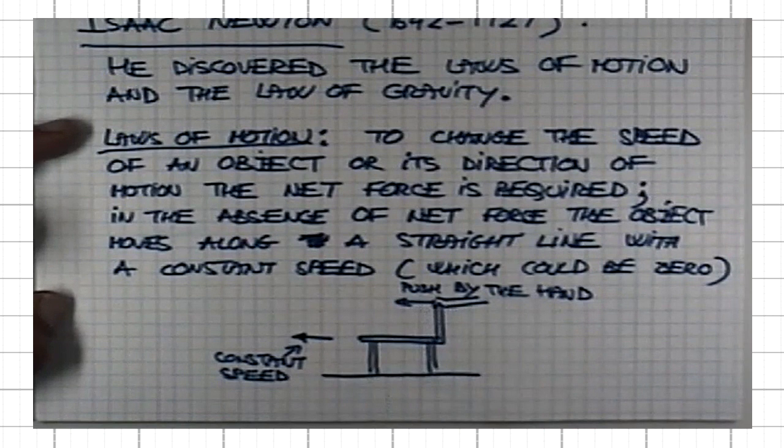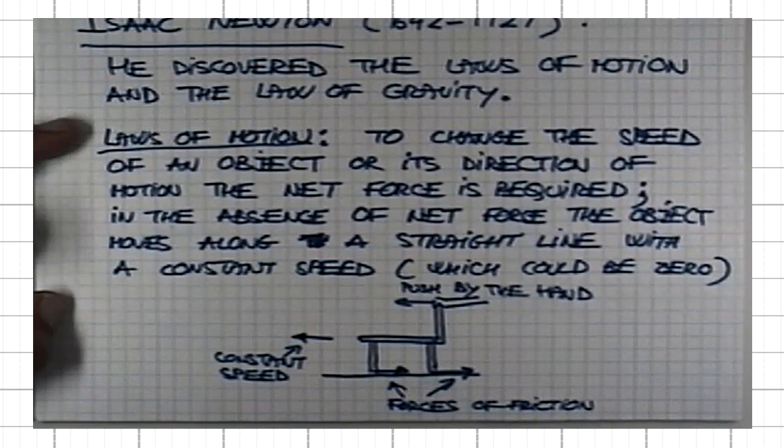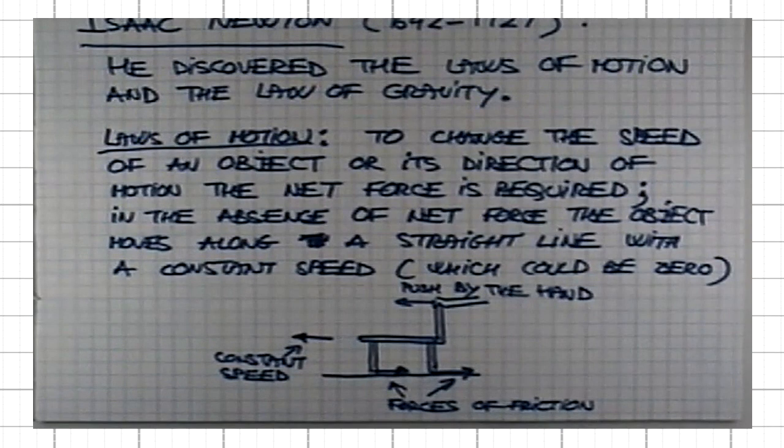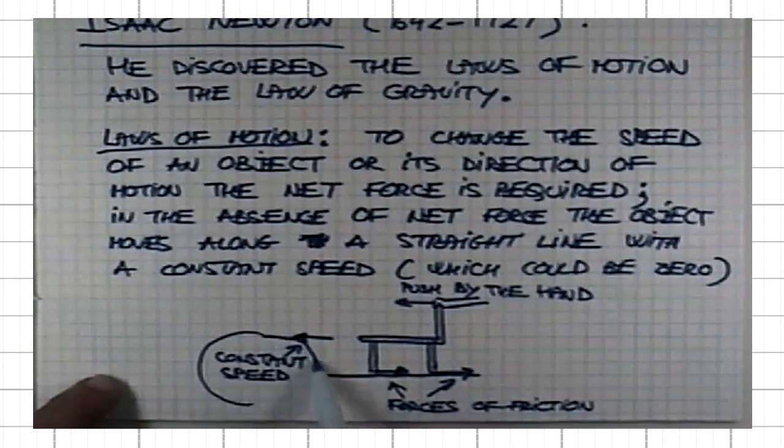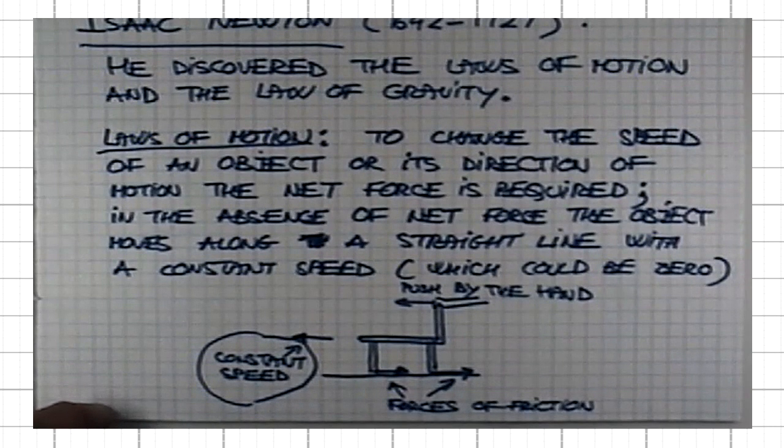If this was the only force acting, the chair would be accelerating in this direction. That is, its speed would be increasing. But there is another force. There is a force of friction at the legs of this chair, so that in this case, the net force is 0. When I sum up the force pushing by hand in one way and subtract from it the forces of friction, I get 0, and as a result, the speed with which the chair is moving is constant.